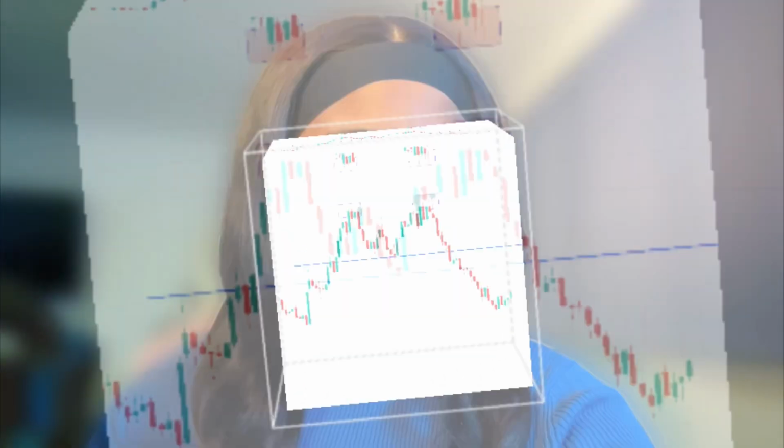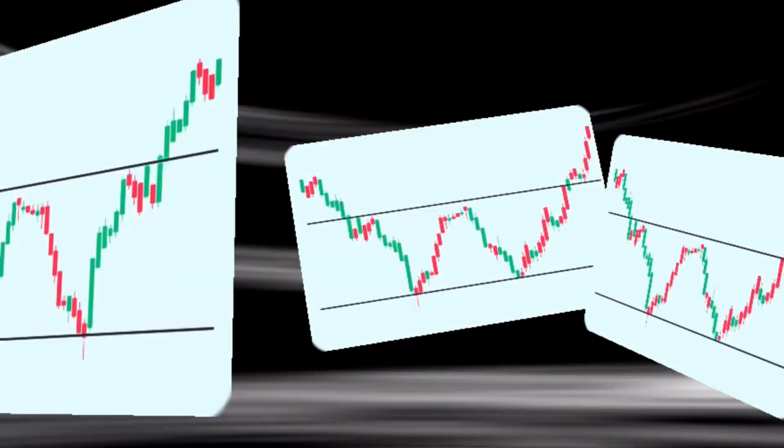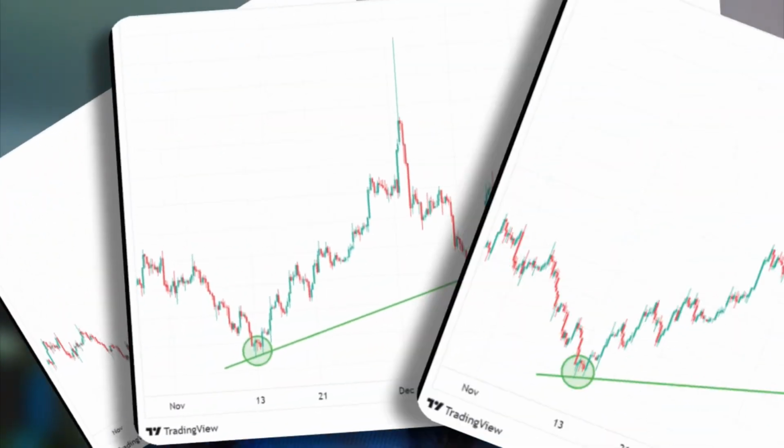First, let's simplify liquidity. Liquidity is where you've got the cluster of stop losses. So whether you are a double top trader looking for equal highs, or a double bottom trader looking for equal lows, or a trend line trader looking for support along your trend line, you are literally looking at liquidity zones and using them to fuel your stop loss.